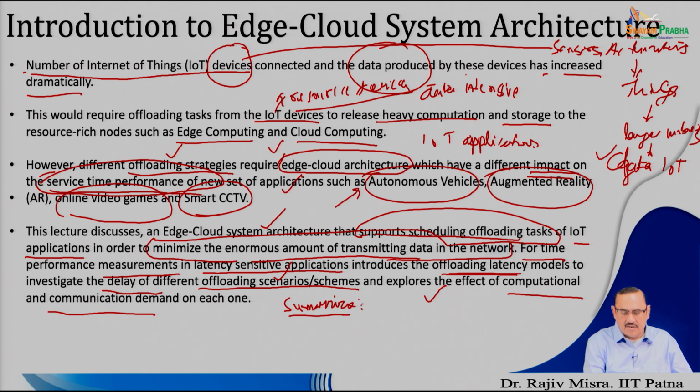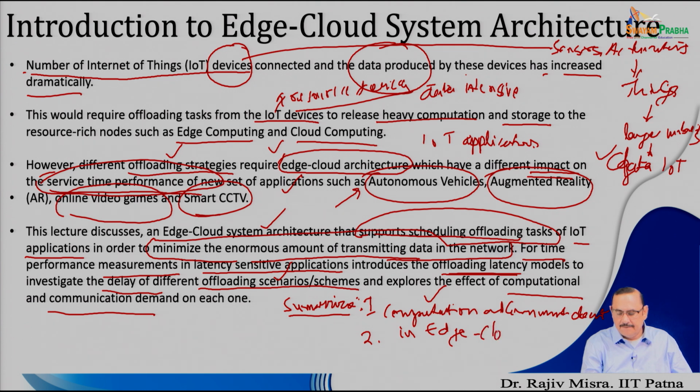So, if we summarize this lecture's contents, first, we want to know how we are going to reduce the computational and communication demand, considering that IoT device resources are scarce. So, we are going to use the model which is called an edge cloud architecture.